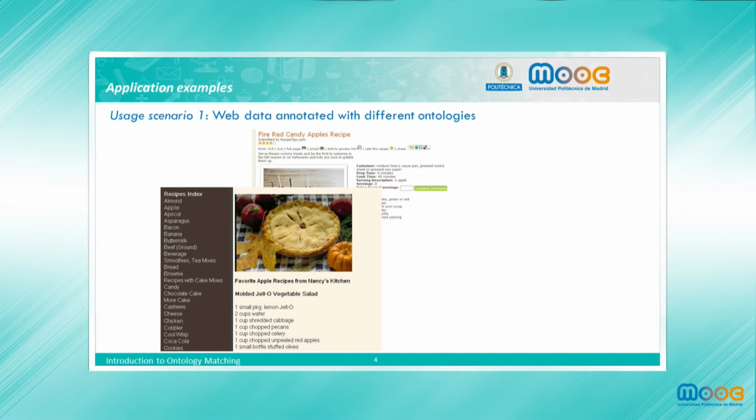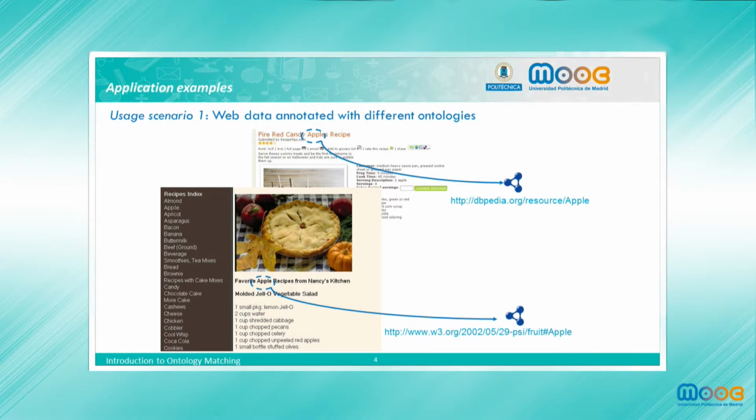Let's see now a couple of possible application scenarios in which ontology matching techniques could be useful to solve a certain task. Firstly, let's imagine that we have two web pages about food semantically annotated with certain ontologies. Let's imagine that in the first page the term apple is annotated with Wikipedia, while the second web page has used another ontology to annotate the same term, apple, in the sense of a fruit.